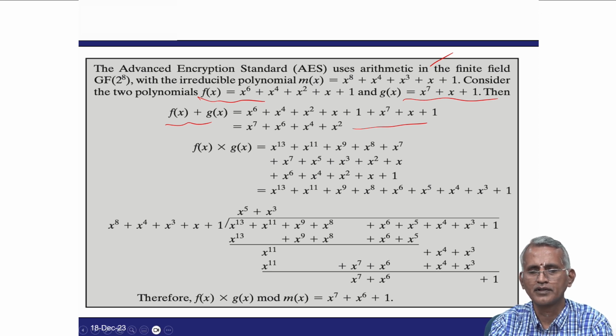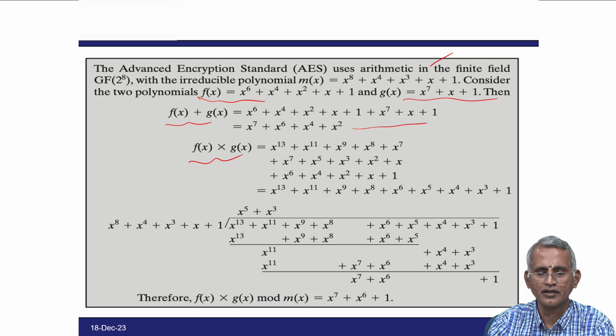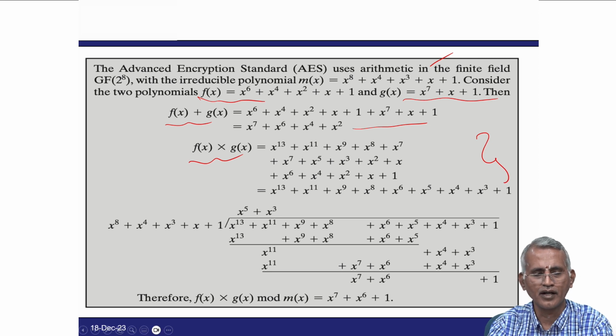Therefore, x plus x is 0, and 1 plus 1 is 0. And then if you have a product, the resultant will be like this. Already we expressed the product of f of x into g of x.